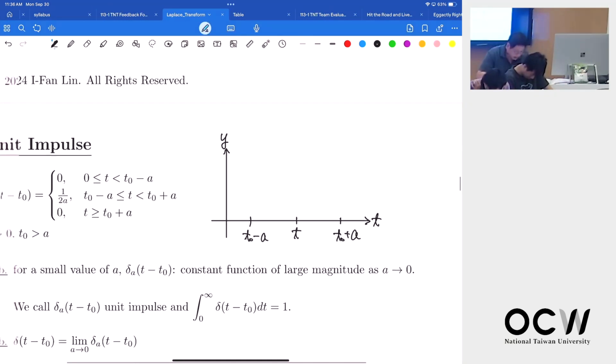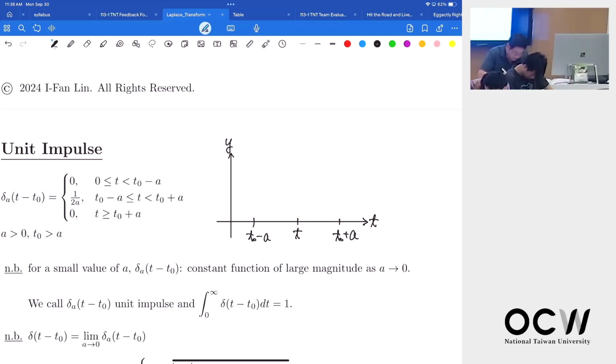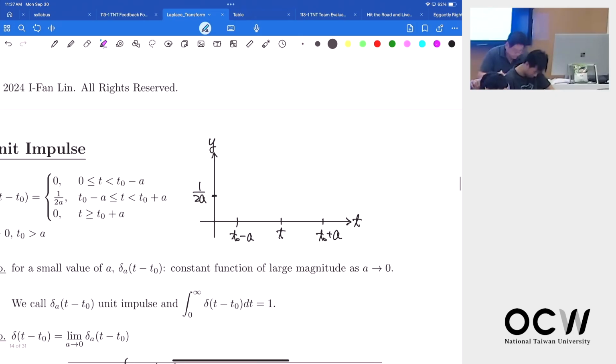Our value is 1 over 2a. You can see this range is 2a.